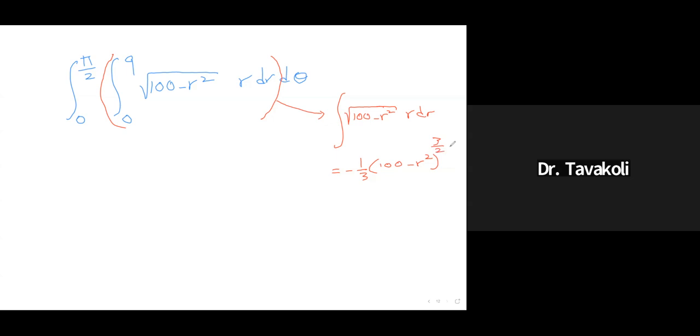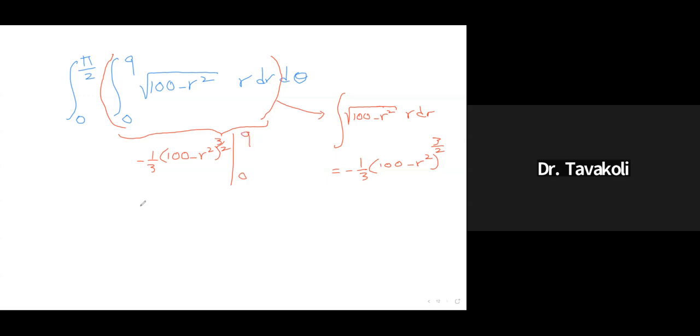Of course, for the indefinite integral we have a plus c, but since we need this for a definite integral, we don't need to worry about that. So this is the evaluation of minus 1/3 times 100 minus r squared to the power of 3/2 at these two numbers.